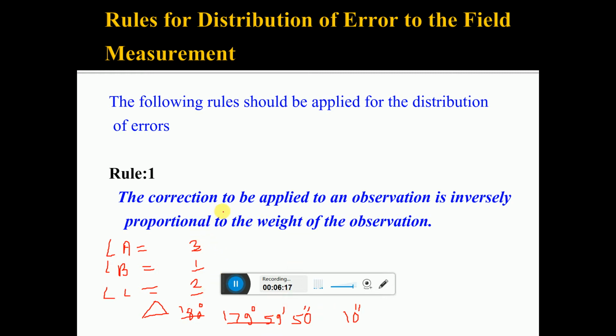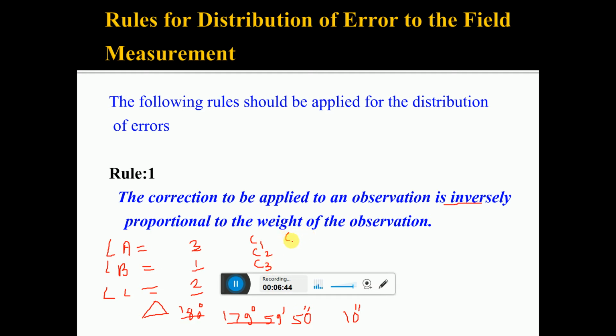The correction to be applied to an observation is inversely proportional to the weight of the observation. Let us say C1 is the correction for angle A, C2 is the correction for angle B and C3 is the correction for angle C. According to this law, how should you distribute this?